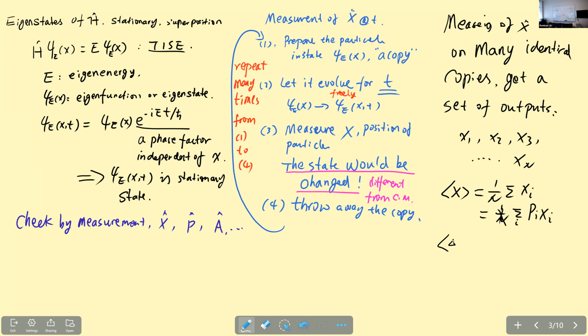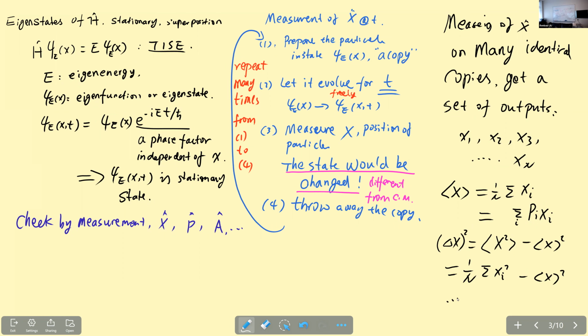And then the variance of x equals the average of x squared minus the average of x, squared, right? So that equals 1 over m, summation of xi squared minus the average of x, squared. Okay, so that's the way.